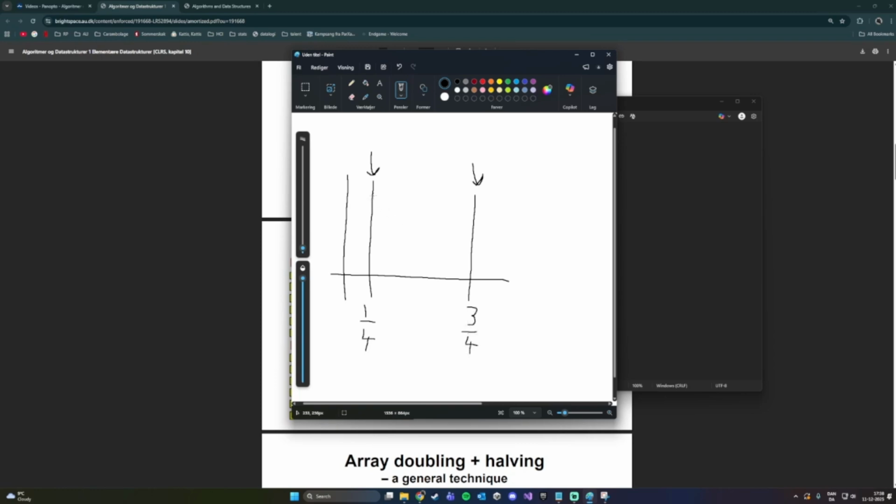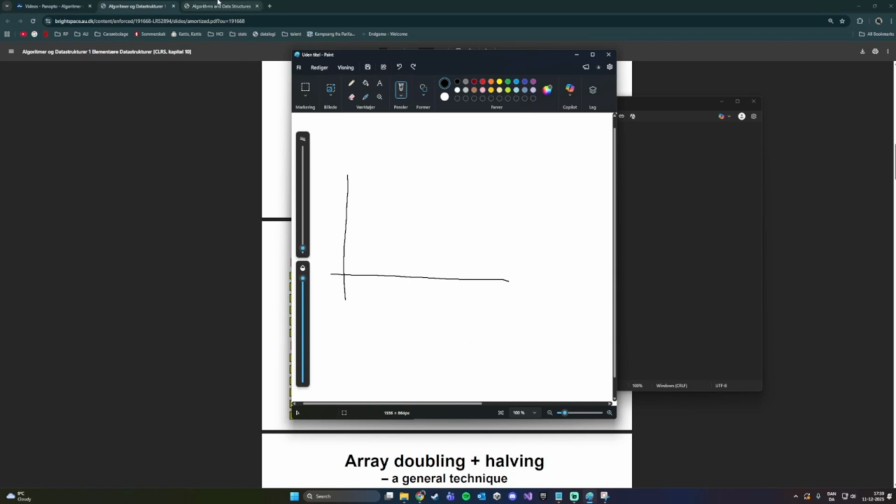Then we need to have a lot saved up at 1/4, not much in the middle, and a lot saved up at 3/4. So the potential function has to look like this, so that we actually have some money or time saved up at the expensive parts. If it was like this, then we'd have potential where we don't need it, and we would have no potential where we need it. And so there's basically two different types of analysis there.